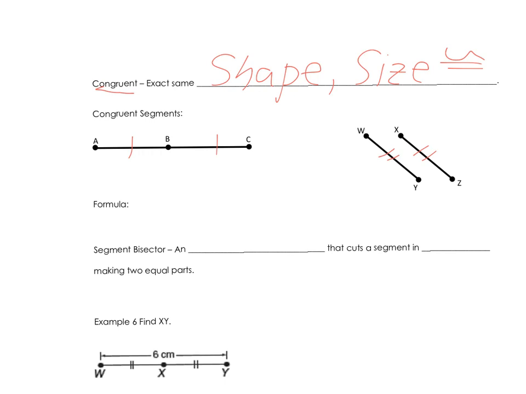such that if B, in this case, lies between A and C and lies exactly in the middle between two congruent segments, then B is the midpoint of A and C. The formula here, if B is a midpoint, then the segment before B, in this case segment AB, is equal to segment BC.